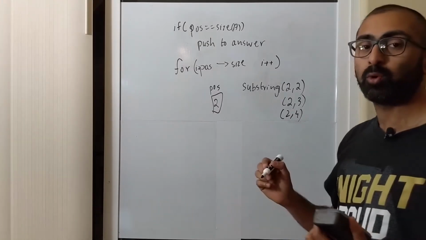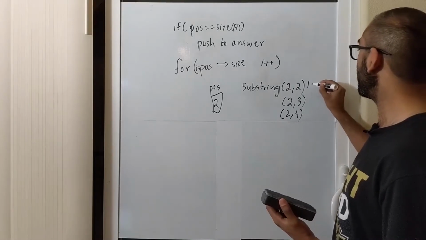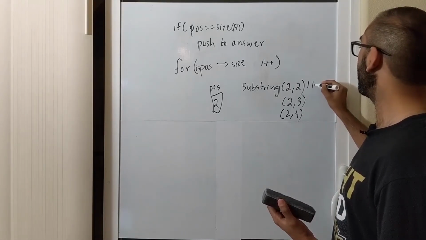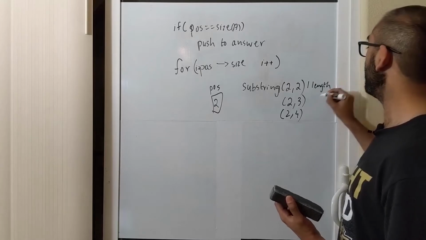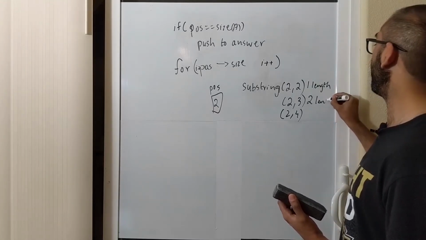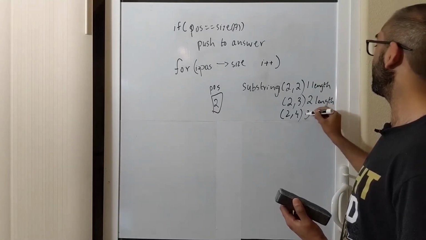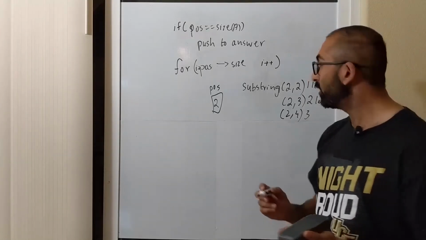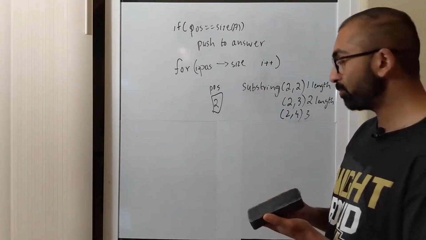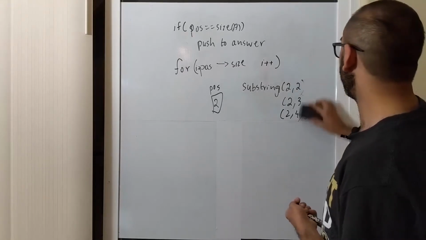So effectively, here we're checking length 1, here we're checking length 2, length 3, and so on and so forth. That's the purpose of this loop that's on the top.